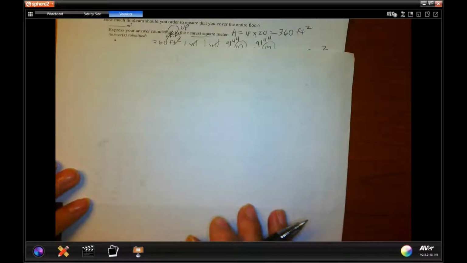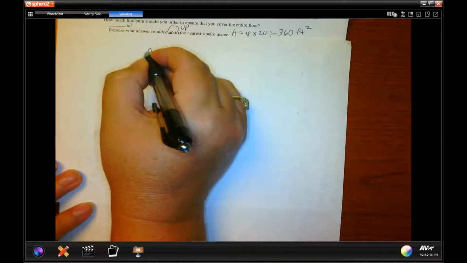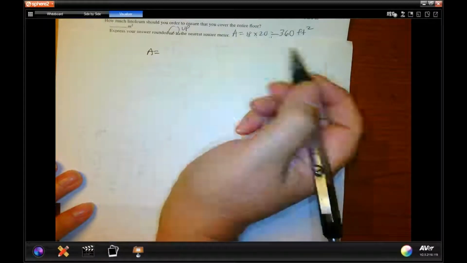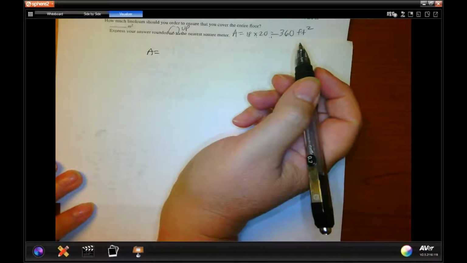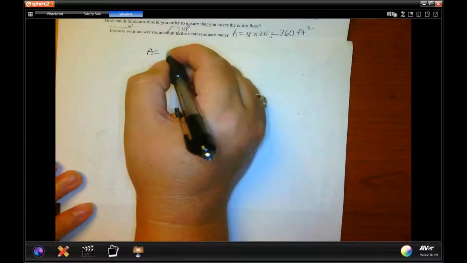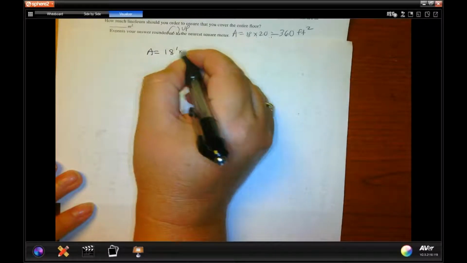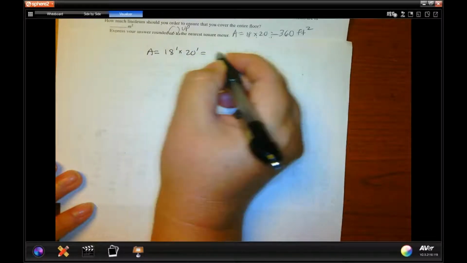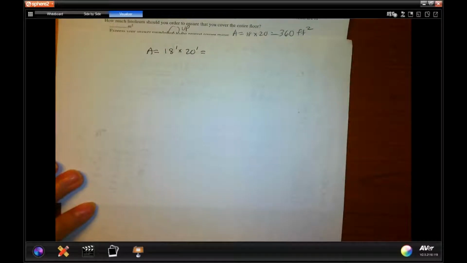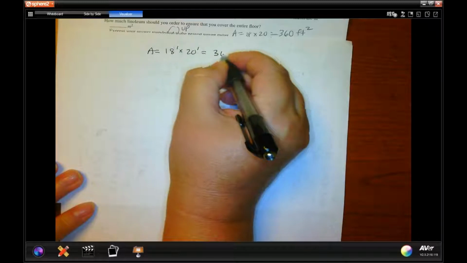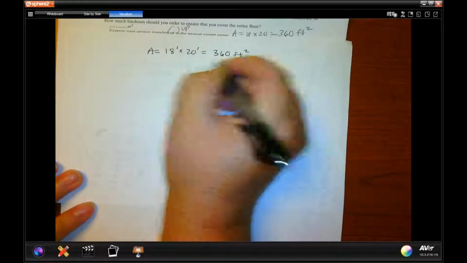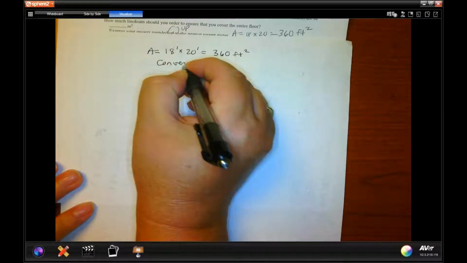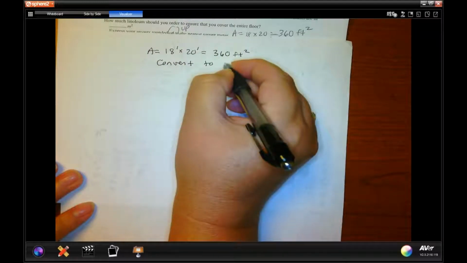Okay. 12, you're ordering an 18 by 20 foot kitchen floor, and the store has it in square meters. So we still do 18 times 20 to get the area, and we get 360 feet squared. Now, we need to convert to meters squared.